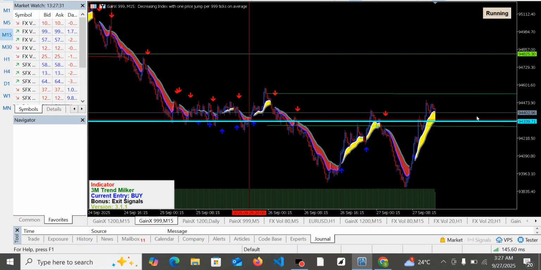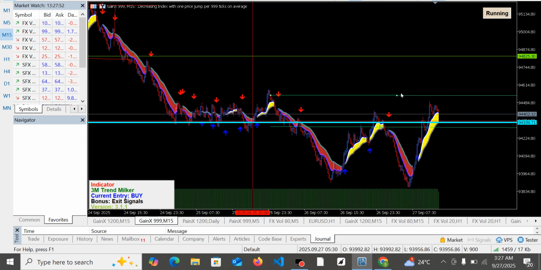Actually I was expecting it to get to this particular spot, but it's having a pullback at the moment. If it breaks out below this support region, then it's going to sell more. But if it does not, we should see it, sorry, I want to adjust this a bit.